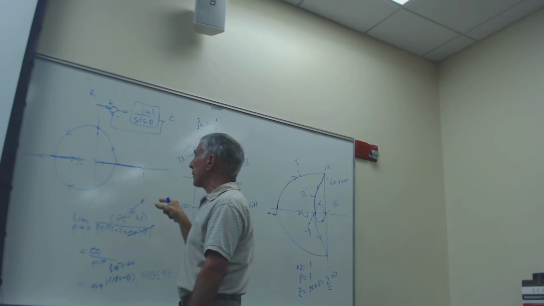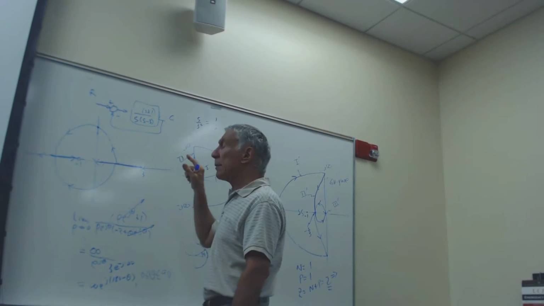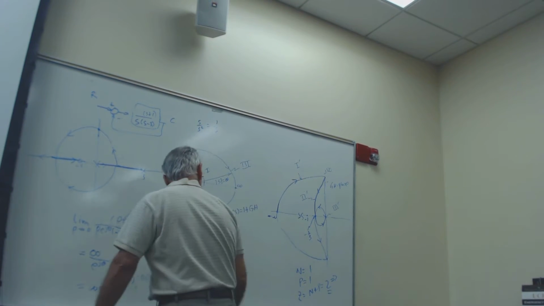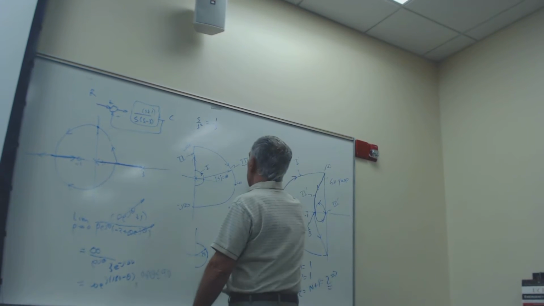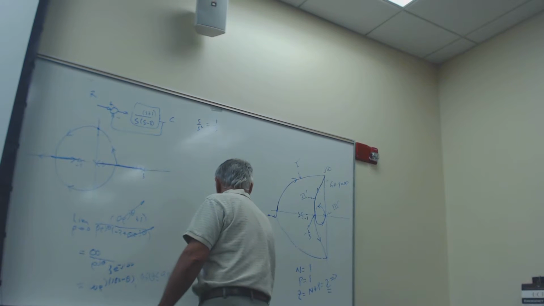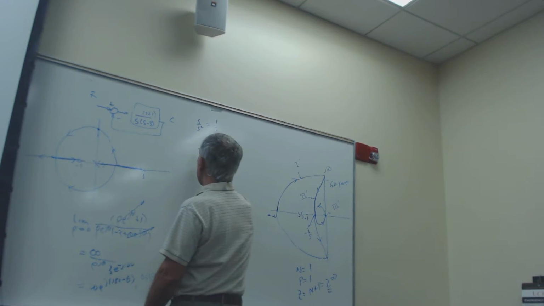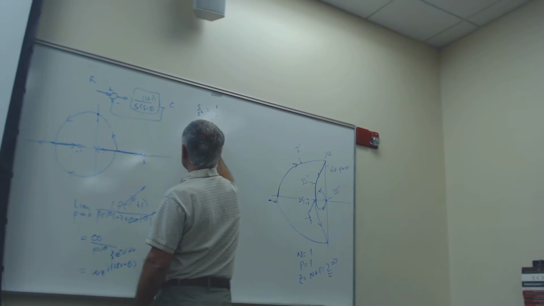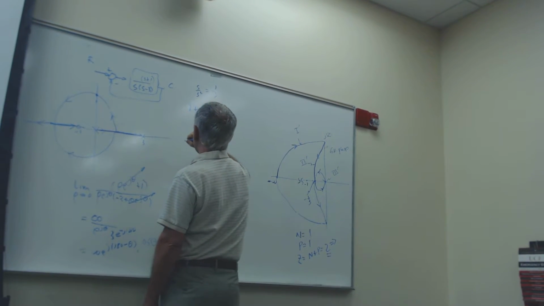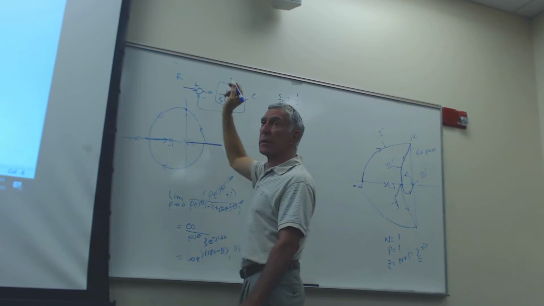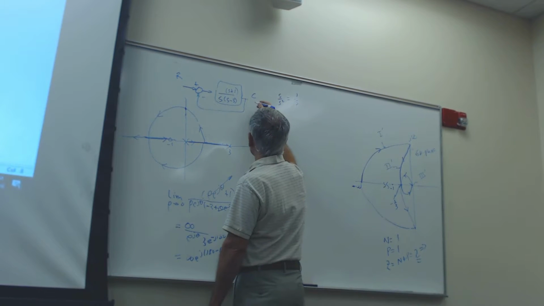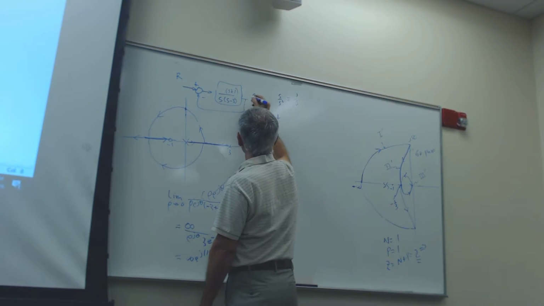In fact, what we can do is do the Routh test. Right? Let's do that right here. For the Routh test, we need 1 plus GH, right? So 1 plus, and we'll do it for the general case when we have a K in there.